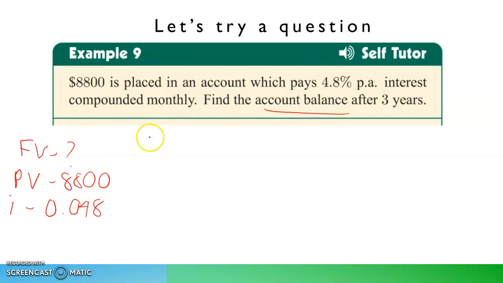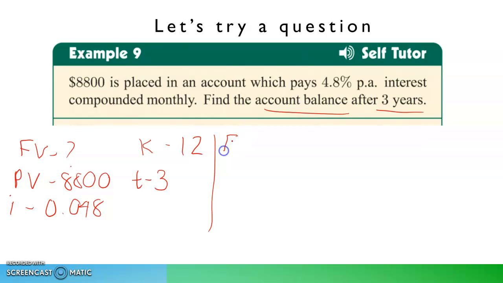We know that K, the number of times the interest is compounded, is monthly. So K is actually going to have a value of 12 here. So 12 months, compounded monthly, K is 12. And the time is still 3 years. So let's put these values into the formula.